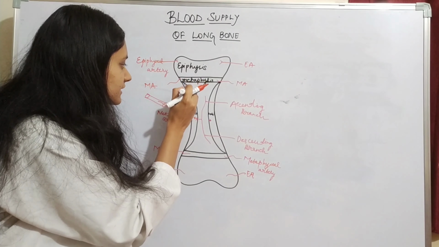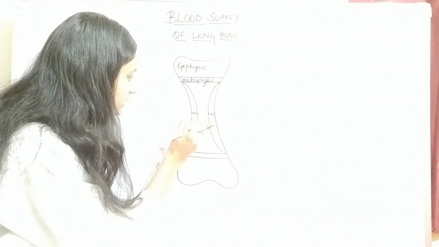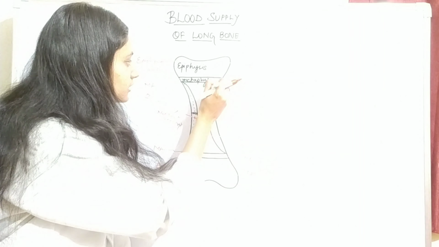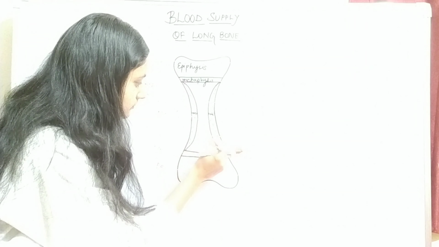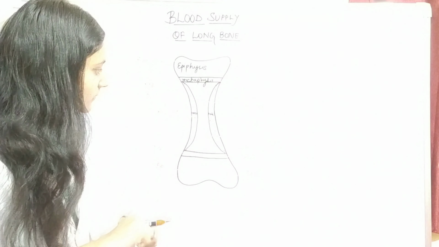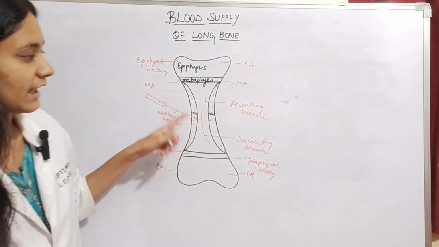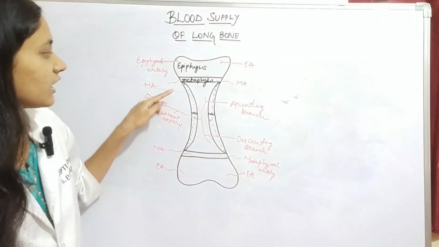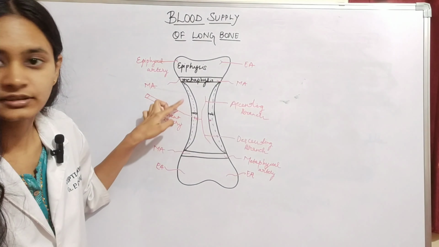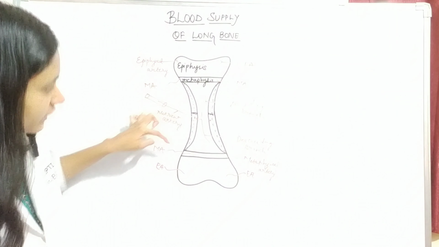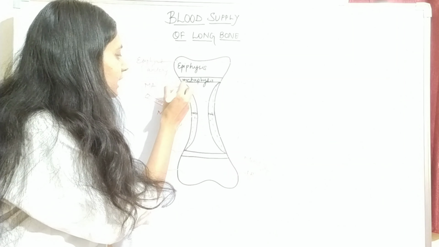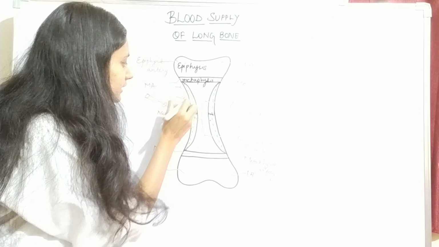It is divided into your inner 2/3 region and outer 1/3 region. So the nutrient artery will supply the medullary cavity and your inner 2/3 region. The outer 1/3 region, the outside of your cortex region, will be supplied by the periosteal artery.